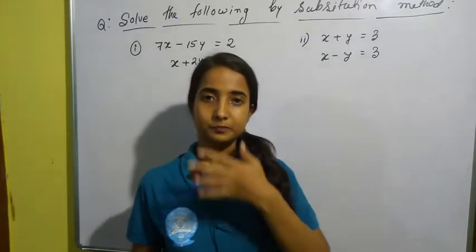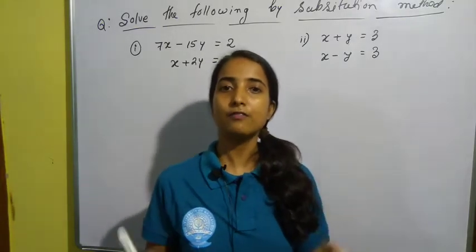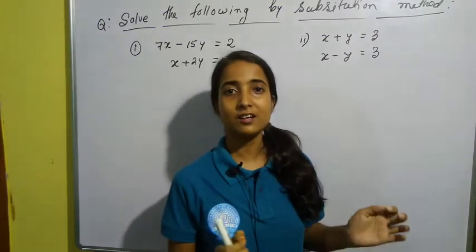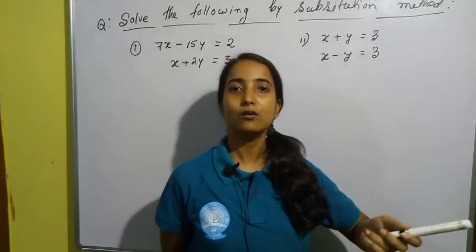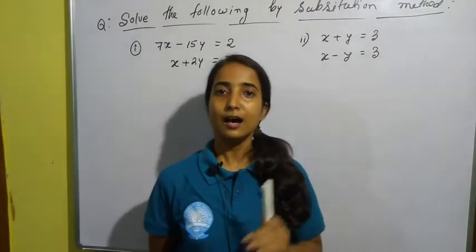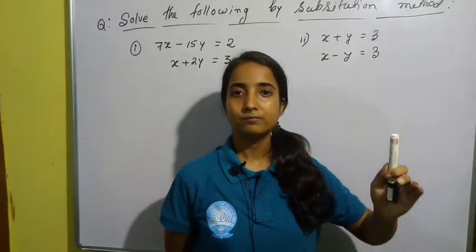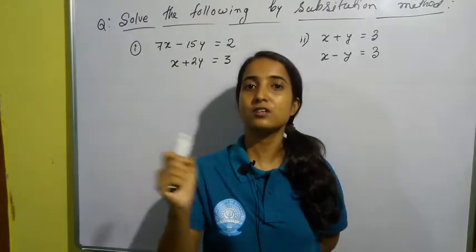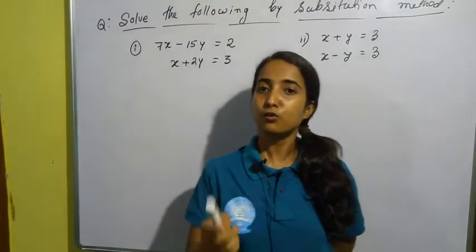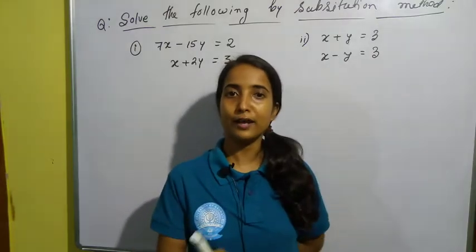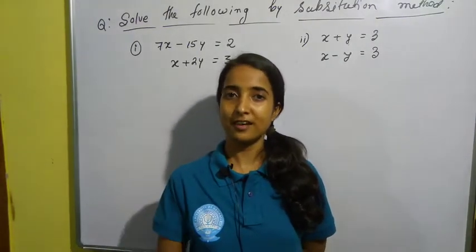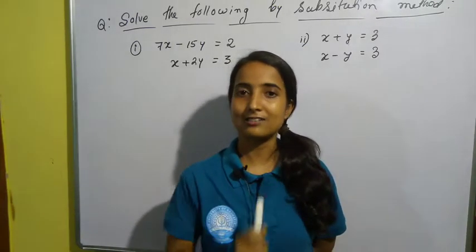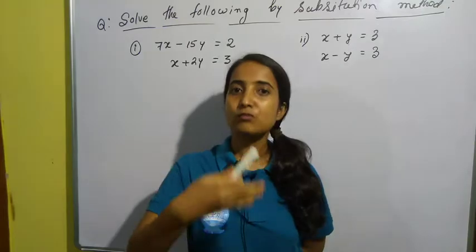And see, you know the meaning of the word substitution. This word is used especially in games, because when one player is injured, then another player plays in his place as a substitute player. And in our school, when the science teacher is absent, then the maths teacher goes to the class and takes your class as a substitute teacher.